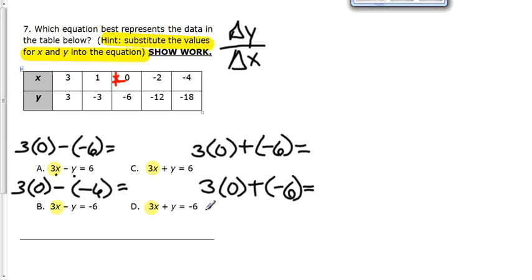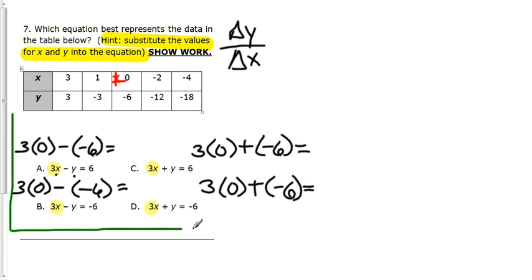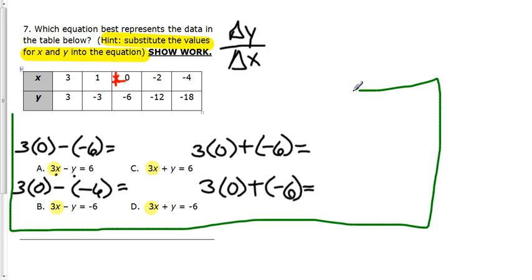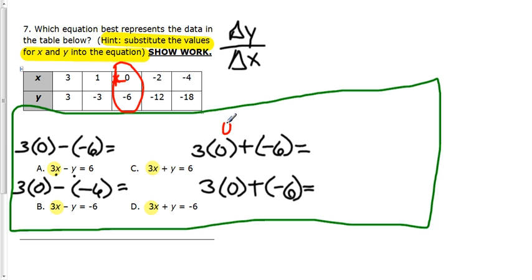The best part about this one is, again, a test taking strategy. You don't have to go in order. We could take any answer choice we have and work it in any order, whatever's easiest for us. Now, besides choosing 0 and negative 6 because anything times 0 is going to wipe it out, if I look at this, 3 times 0 is 0.